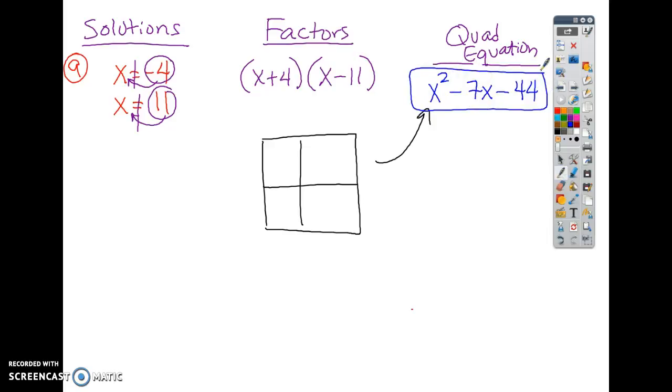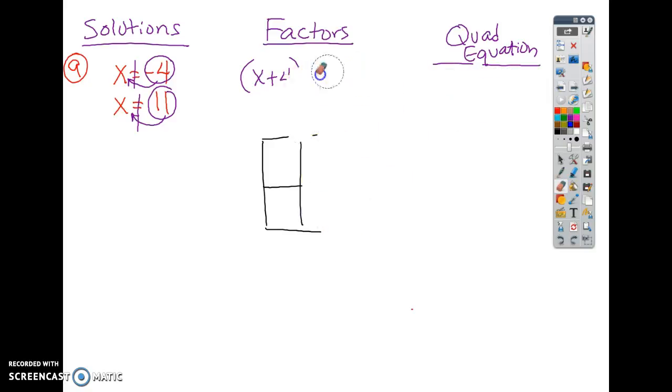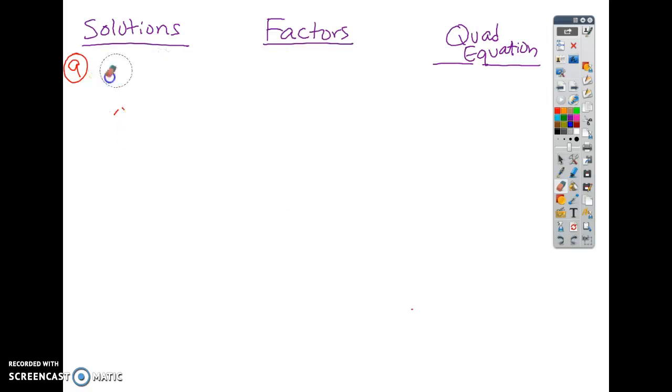Let's do problem number 11. Problem number 11 are fractions. So it's a little more work.